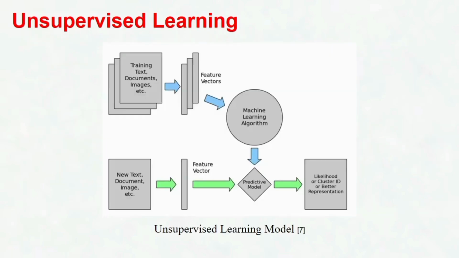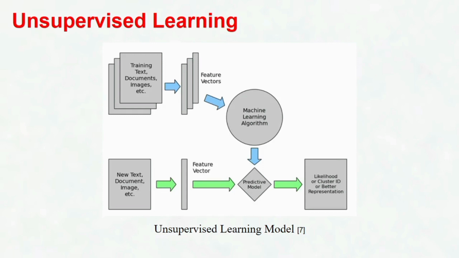Now, if you compare this figure with the figure of supervised learning, we can see the label is missing here. So the training input consists of text, documents, images, sounds without any label. The feature vectors are extracted and the algorithm learns the feature vectors.